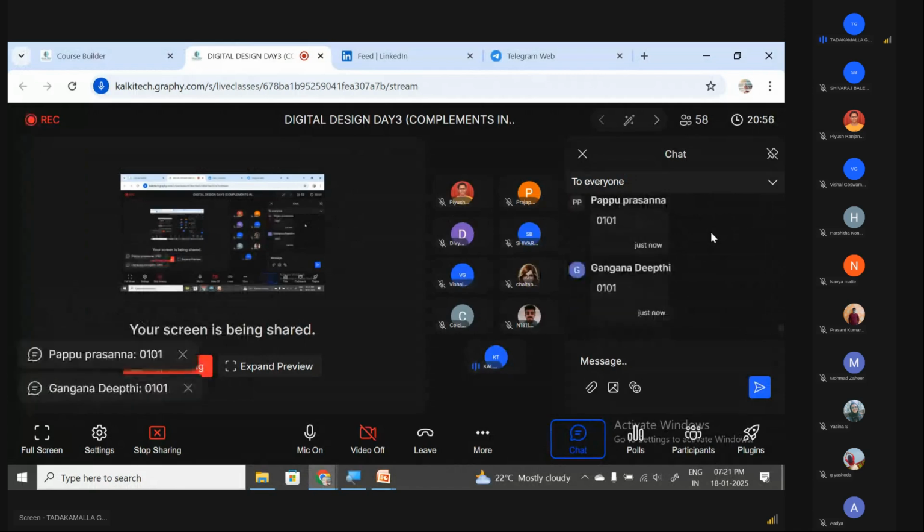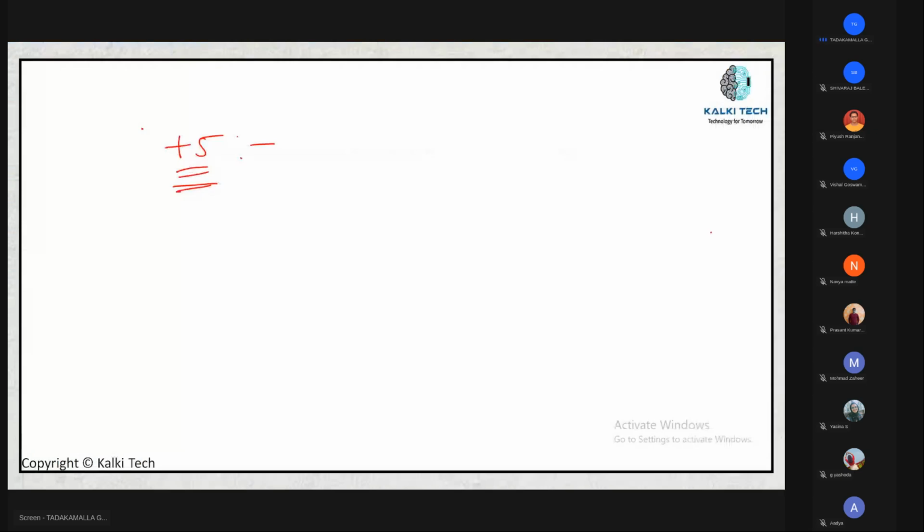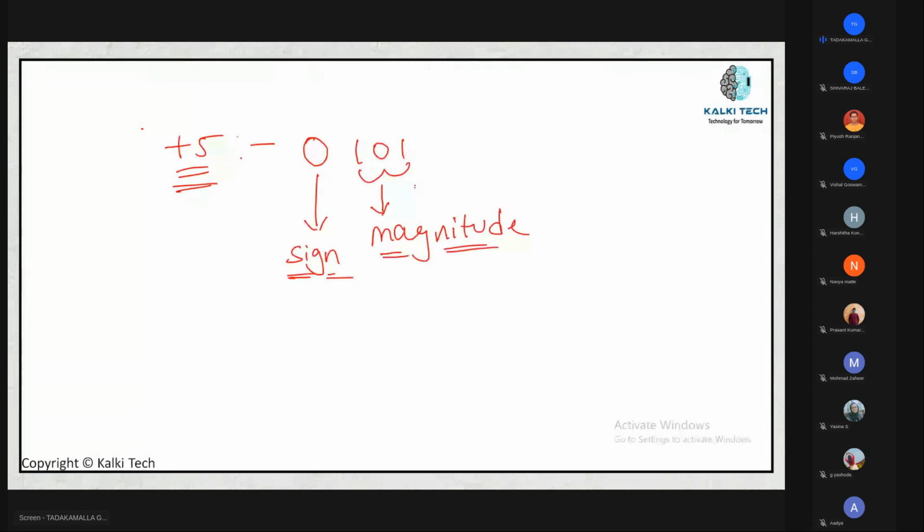Here the MSB represents a positive number followed by the magnitude. So 0 is positive and 101 is the magnitude, and this is the sign. That's why it is a signed magnitude form of representation. The MSB represents the sign and the remaining part represents the magnitude.